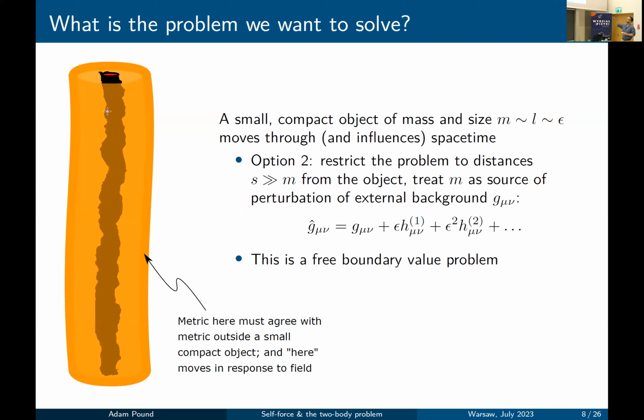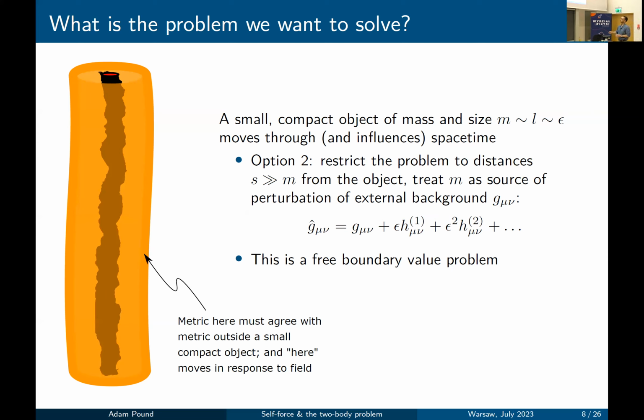And then on those bigger length scales, you can treat your small mass as a source of perturbations of the external background, just like I showed in previous slides. So we're just ignoring this region right around the body and saying, okay, we have external background plus perturbations due to the body. But then you need some kind of boundary condition on this surface that you removed.